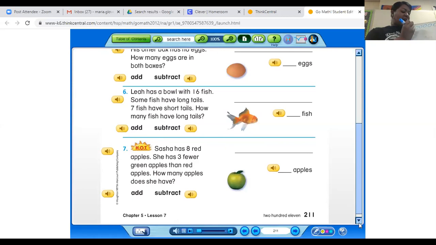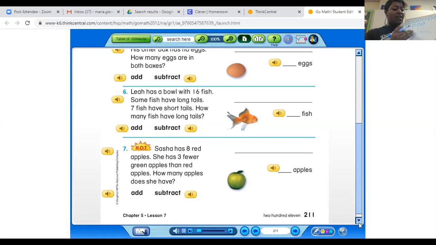Okay, she has 5. 1, 2, 3, 4, 5. All right. So how many apples does she have? So how many green and red apples does she have? 1, 2, 3, 4, 5, 6, 7, 8, 9, 10, 11, 12, 13.